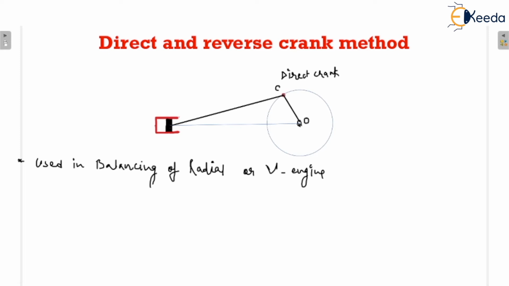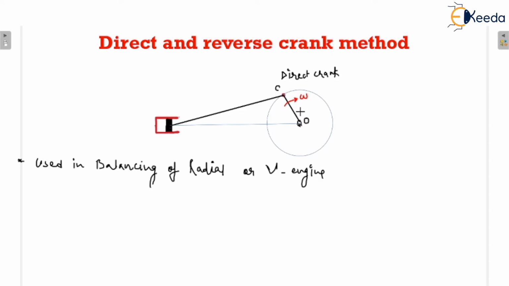This is O and this is C. OC is the direct crank, which is rotating with angular velocity omega. The unit of angular velocity is radian per second, and the direction is clockwise.